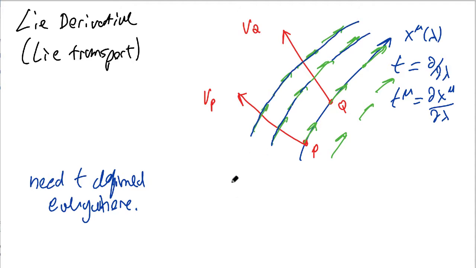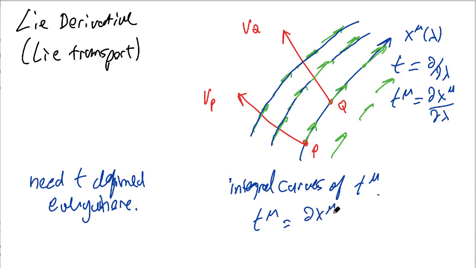So the blue curves here are the integral curves of the vector field T, and they're just defined as the solutions of these differential equations, right? So given T mu as a function of the x's, the points in space-time, this defines a set of differential equations, and we can integrate them.